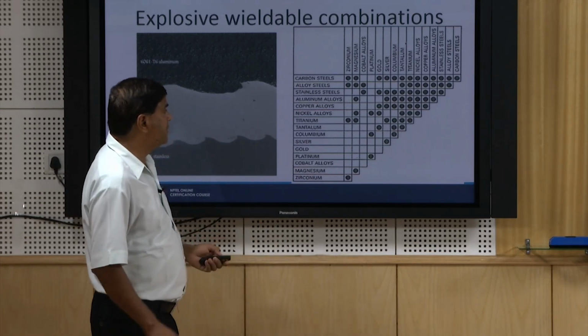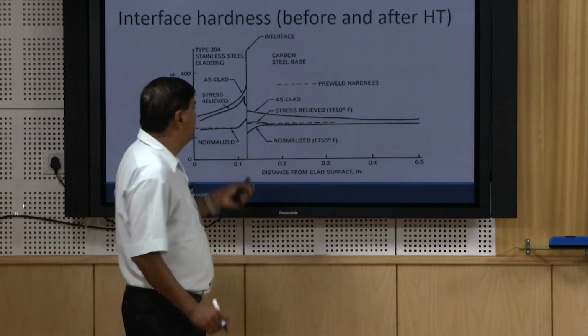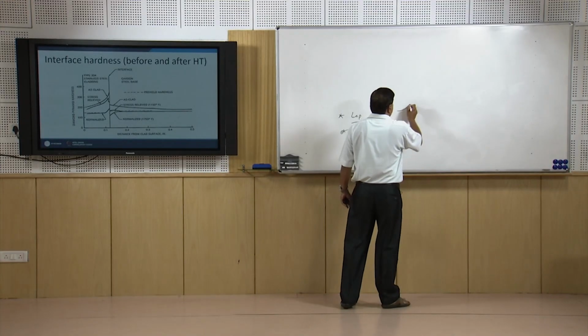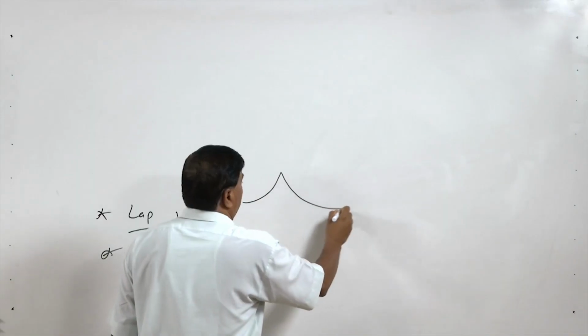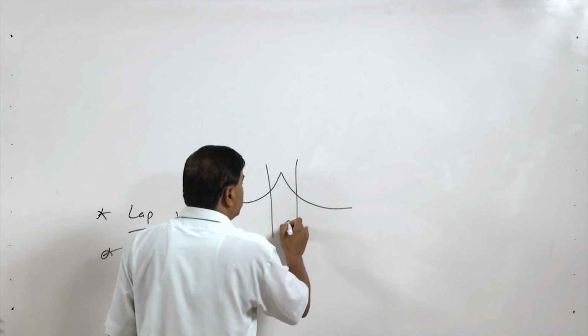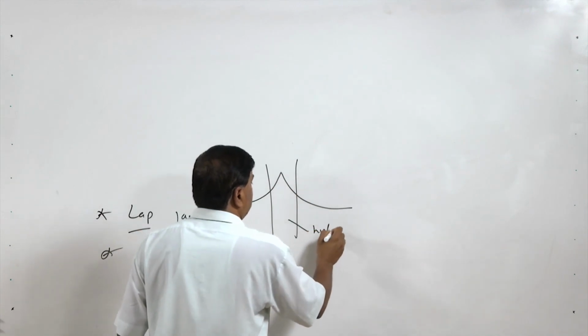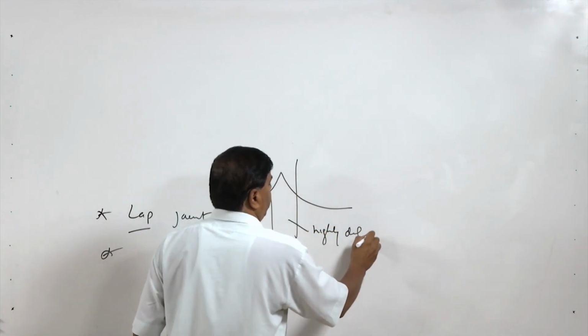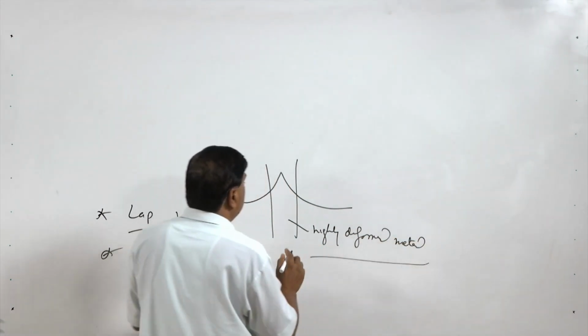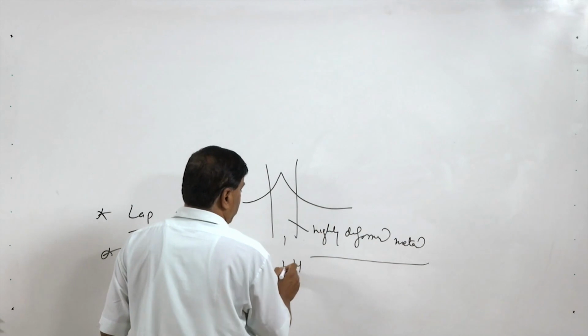So, at the interface, if we check the hardness of the material, at the interface it is always higher: softness, then interface hardness, and then again the softness. So, this interface will be having the region of the highly deformed metals, and highly deformed metal is subjected to the work hardening.